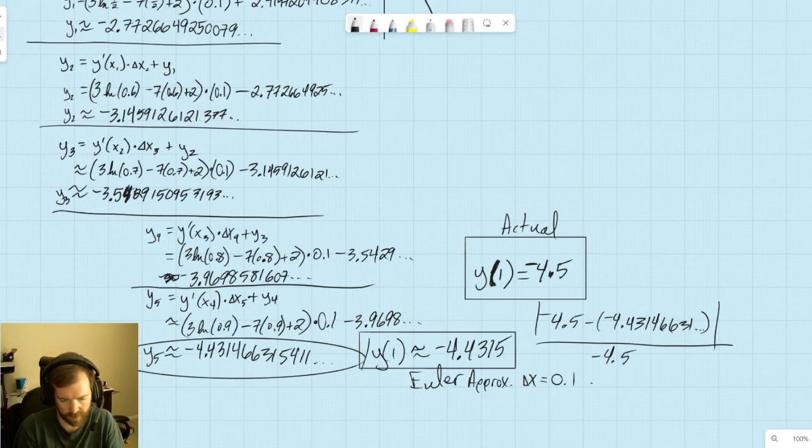Okay, take this value, subtract negative 4.5 from it, take that, and then divide by 4.5.